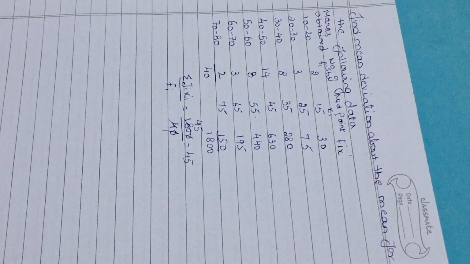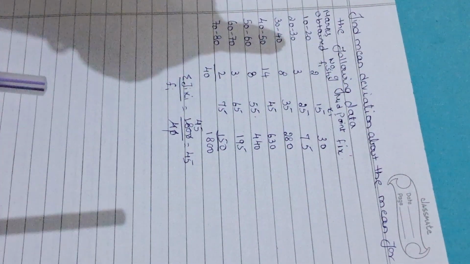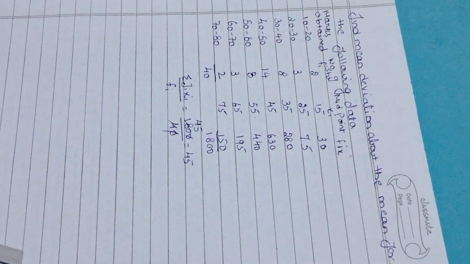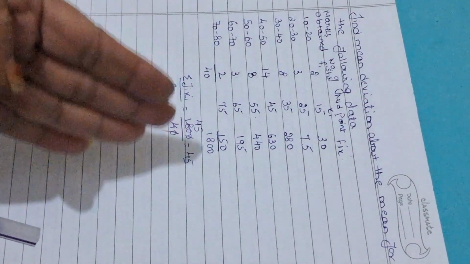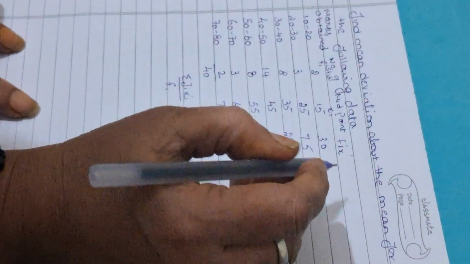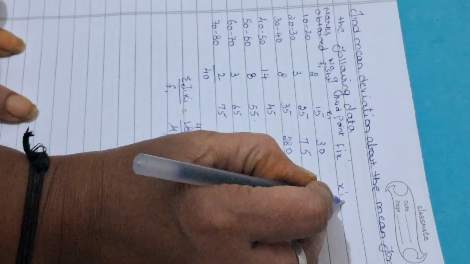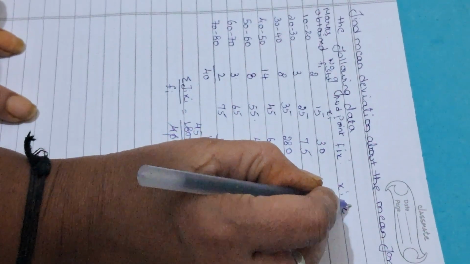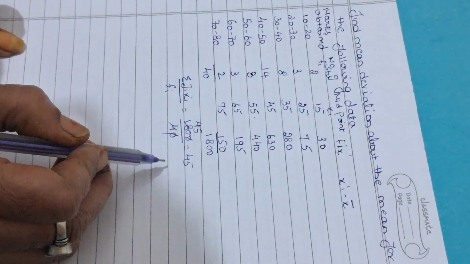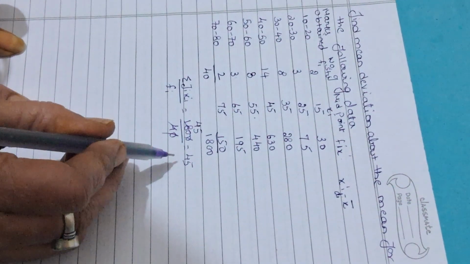Now we have to find the mean deviation. To get the mean deviation, certain steps are involved. Next I'll write xi minus x, where the mean x is 45.